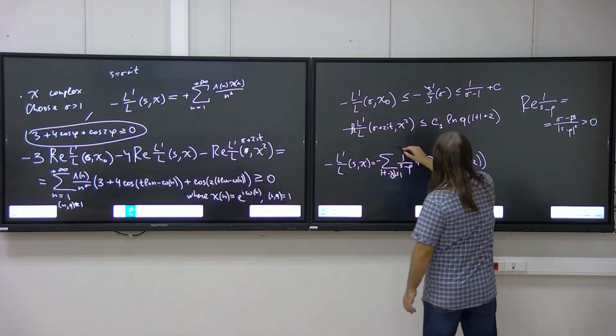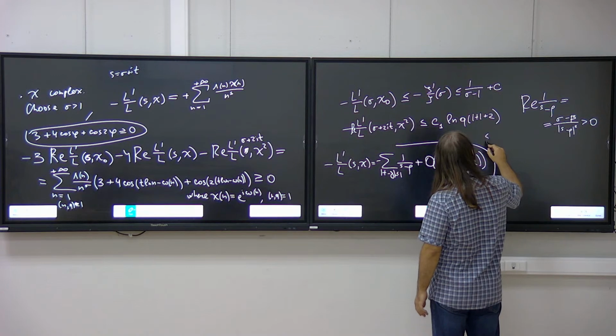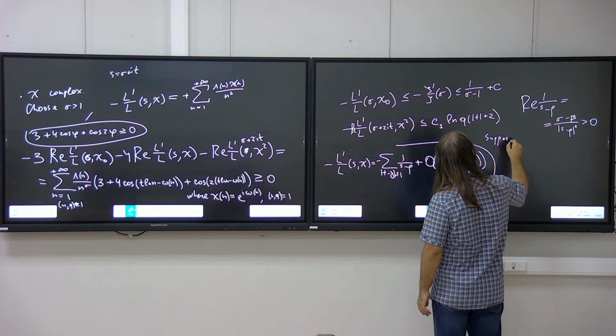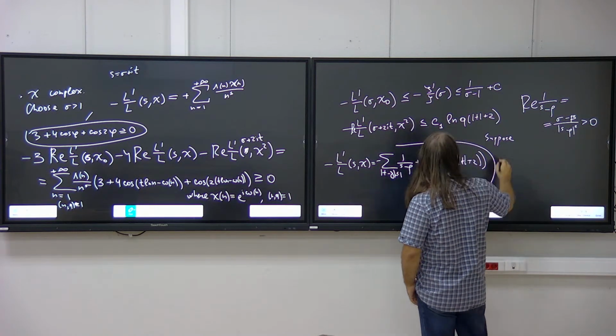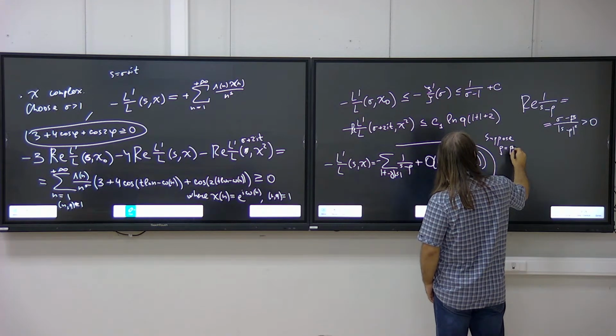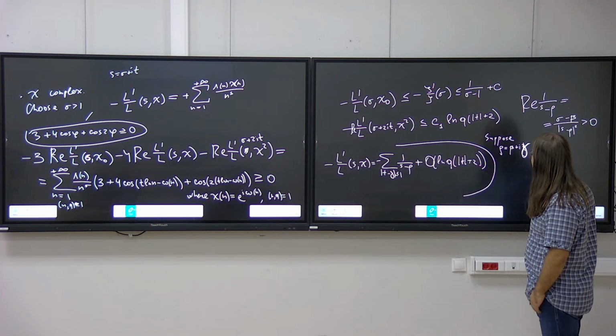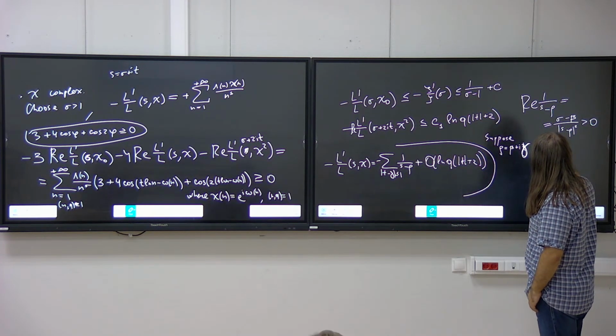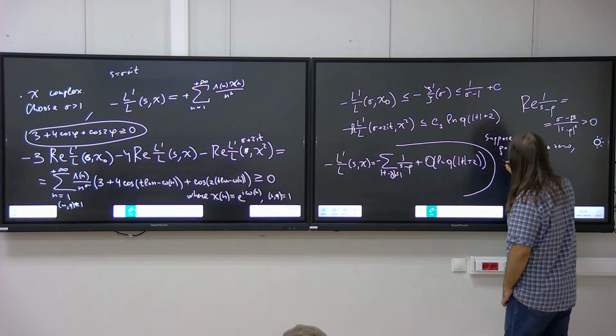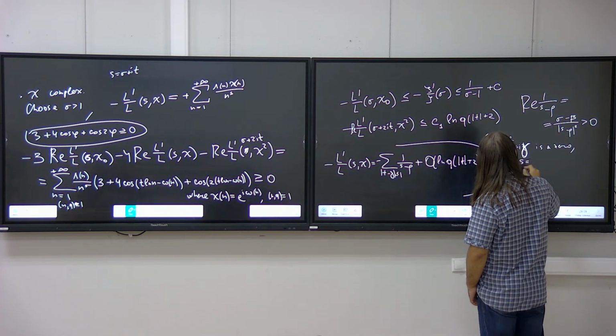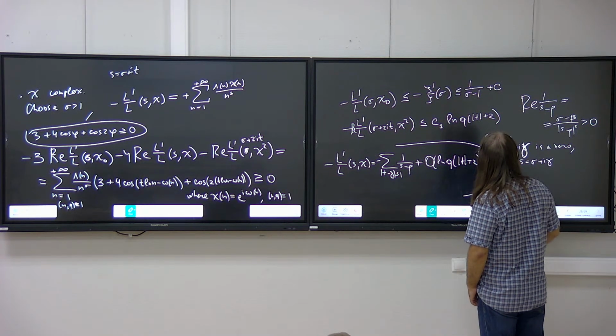And also, suppose that rho equals beta plus i gamma. Set s to be sigma plus i gamma.